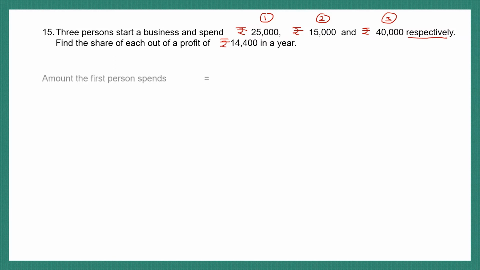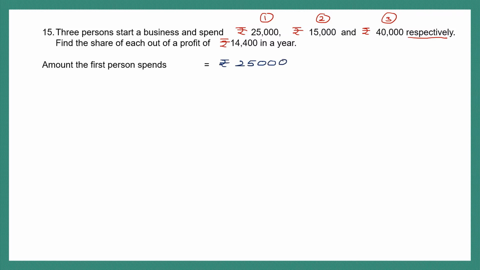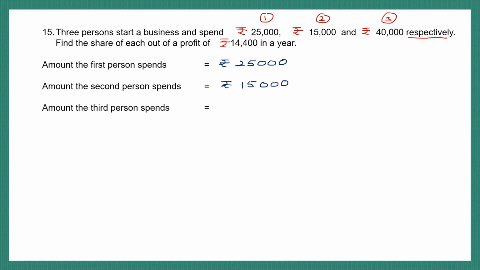So let's start. Amount the first person spends is 25,000 rupees. Amount the second person spends is 15,000 rupees. Amount the third person spends is 40,000 rupees.